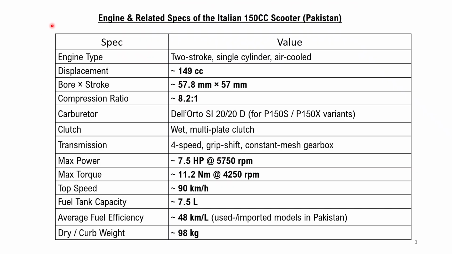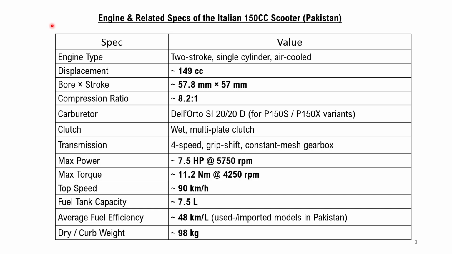The engine specifications of 150cc scooters are as follows. Engine type, as we have already mentioned, is two-stroke single-cylinder air-cooled. Displacement is 149cc.